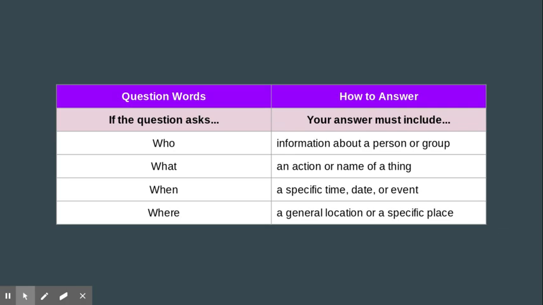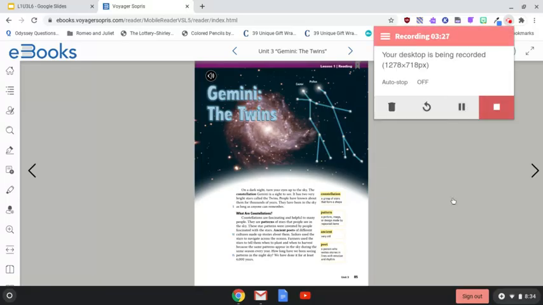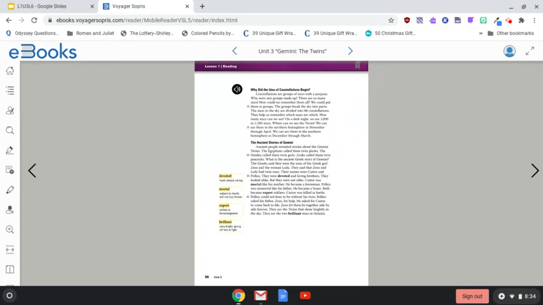Now let's turn to page 85 in the student book. Let's do what skilled readers do and reread Gemini the Twins with an eye on asking good questions.